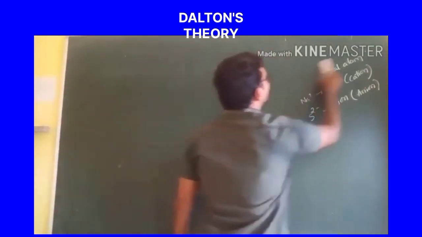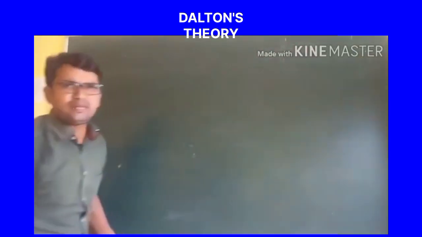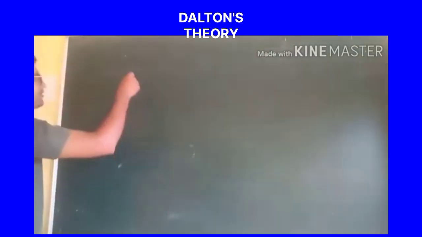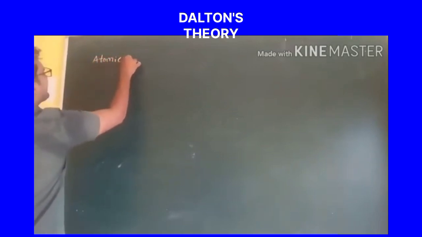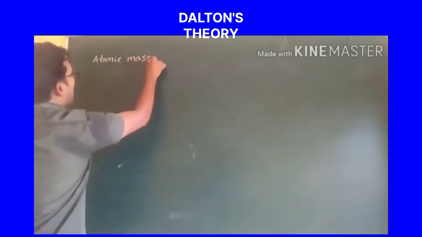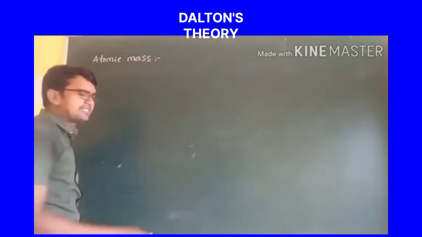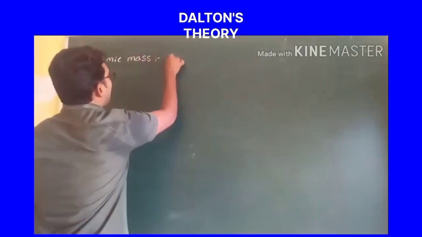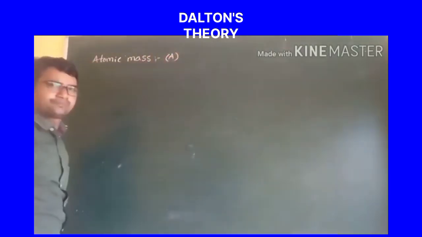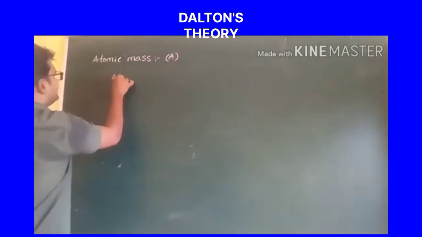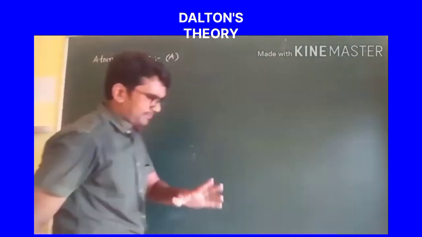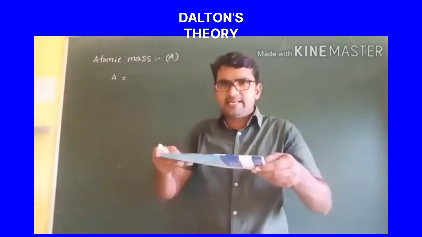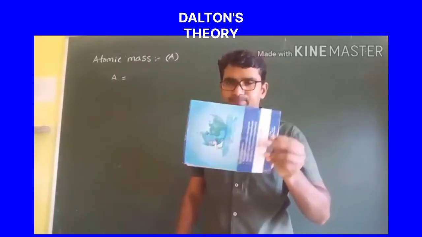Mass number or atomic mass. Atomic mass is denoted by the symbol A. A equals to... It is taken as one atom.